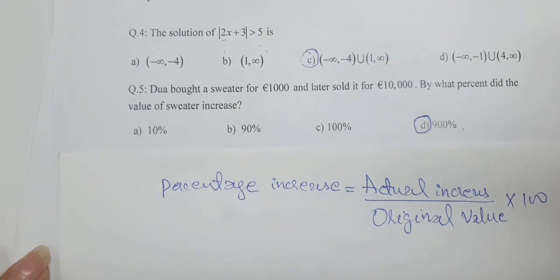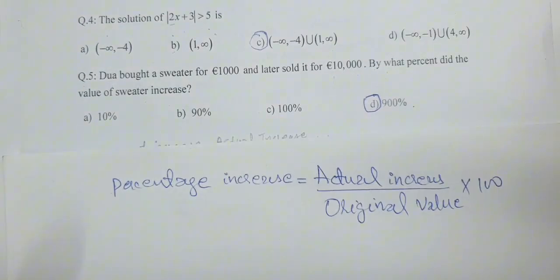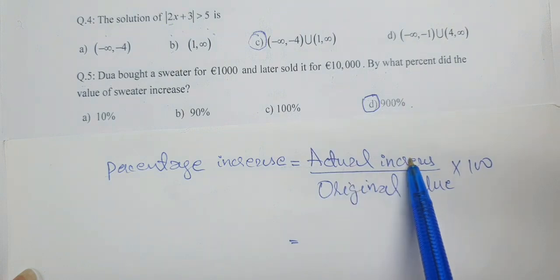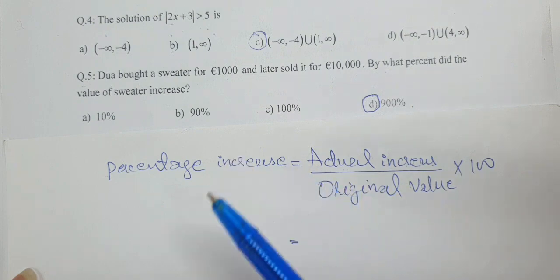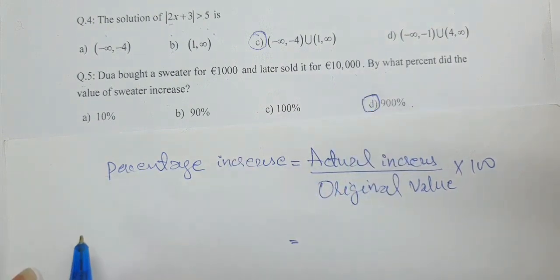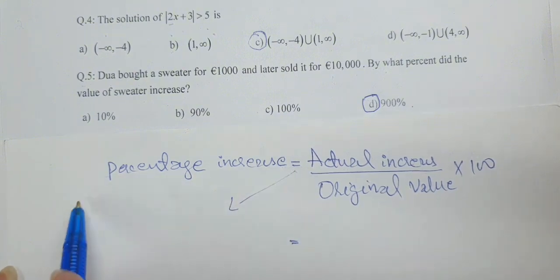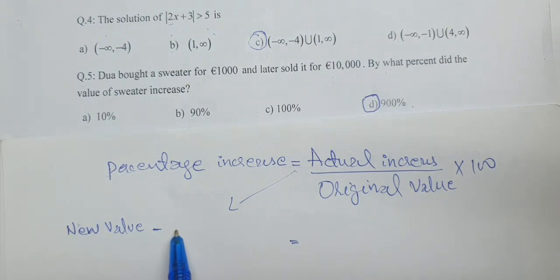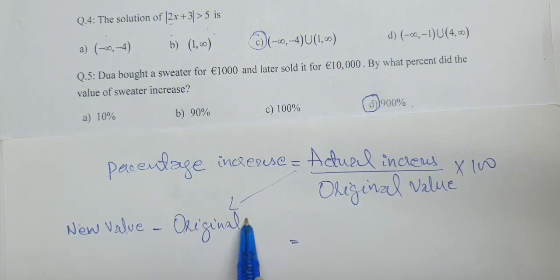Now what would be this actual increase? Actual increase is equal to the new value, that is 10,000, minus the original value.